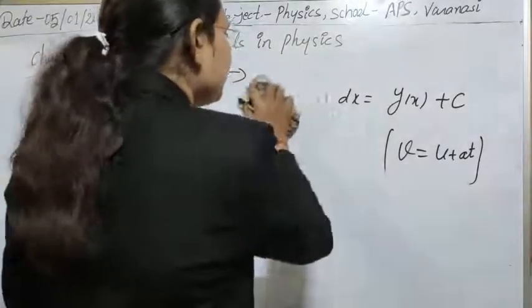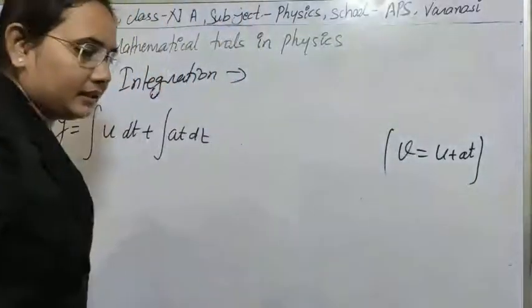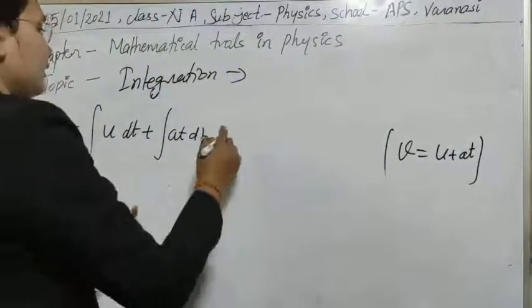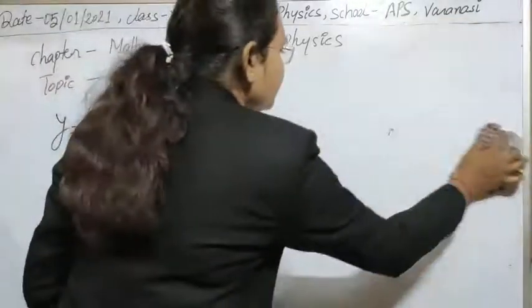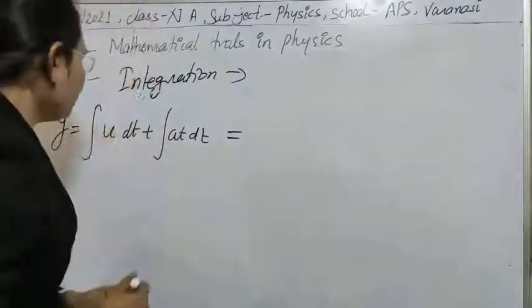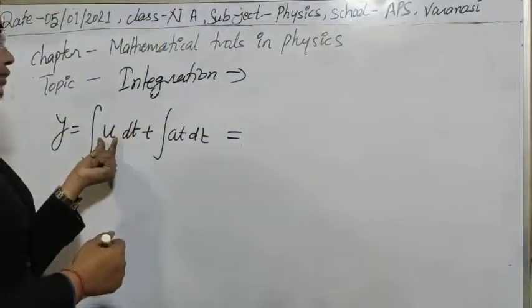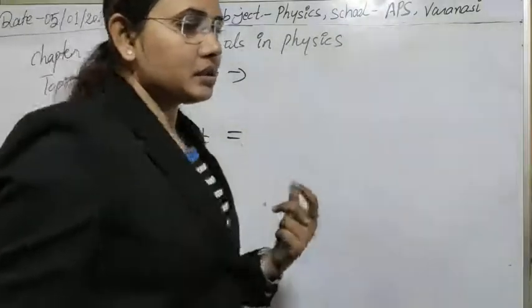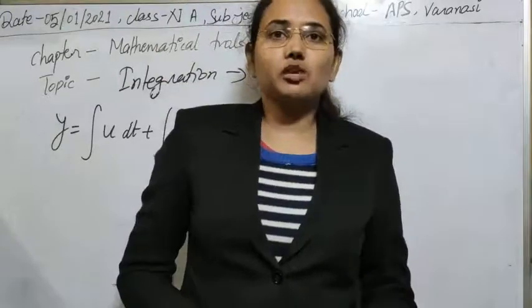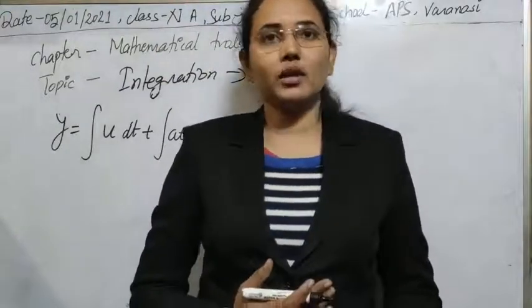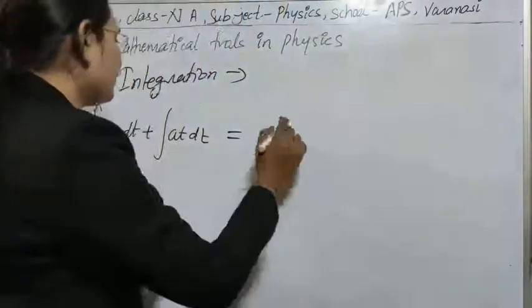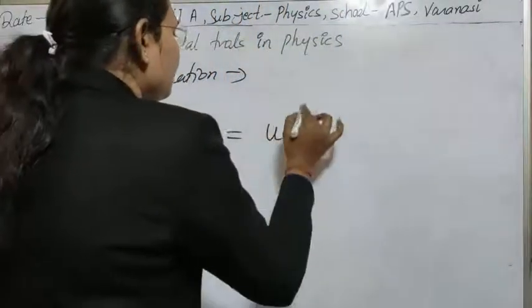So just solve it by the integration method. I am going to tell you its applications one by one also. Here u is the initial speed of the particle that started to move, so it is a constant quantity. I just told you, take the constant outside.